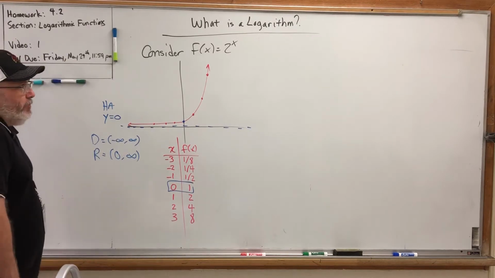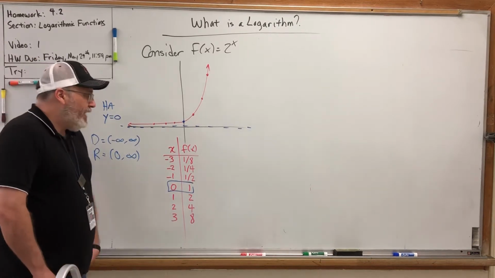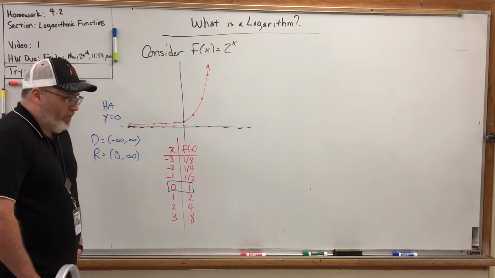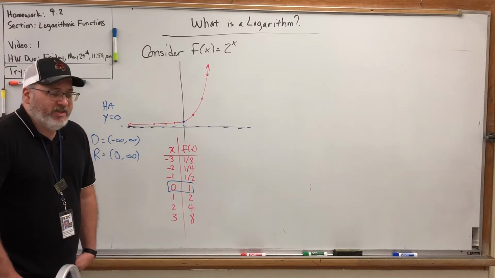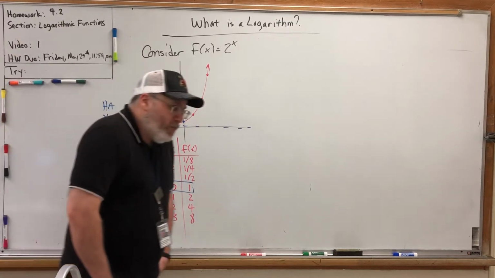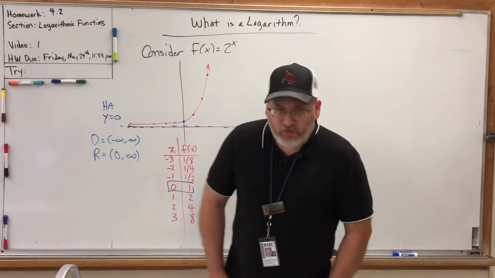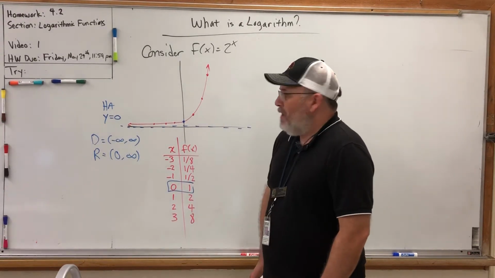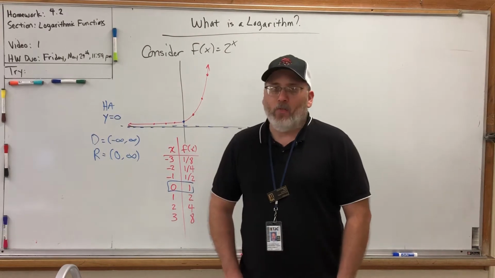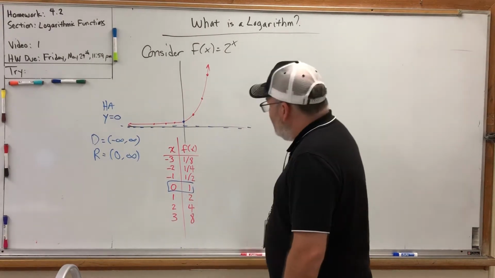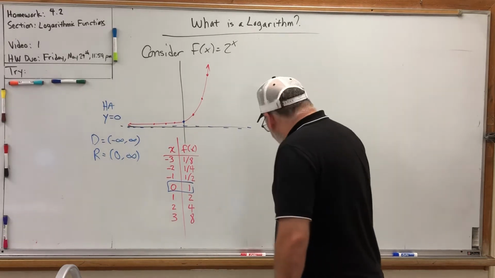In one of the videos in the previous series, I casually mentioned that this graph passes the horizontal line test, and as a consequence, this function should have an inverse. If you have forgotten about inverse functions and the horizontal line test, I recommend going back to the module in Canvas that was over homework 2.7, inverse functions, because I'm not going to reteach everything there.